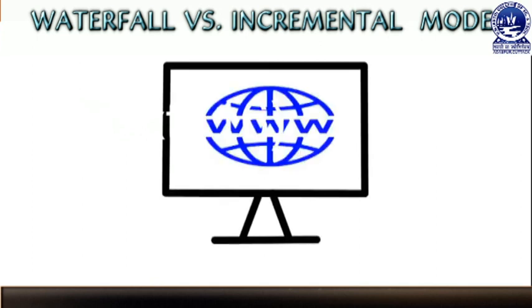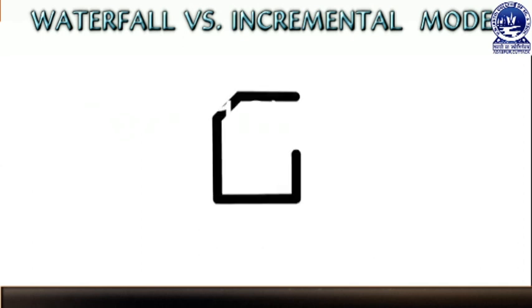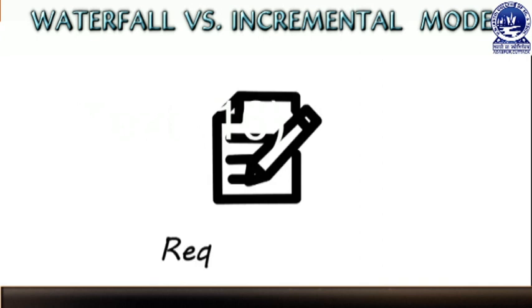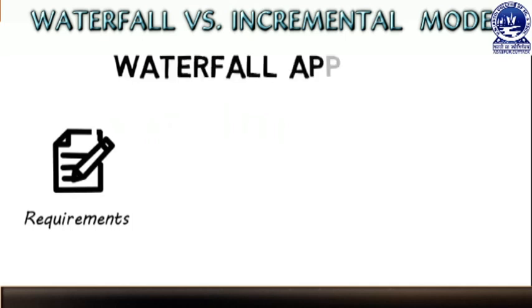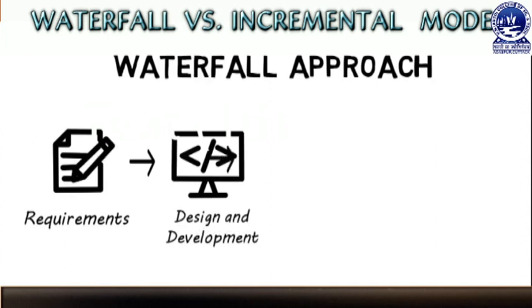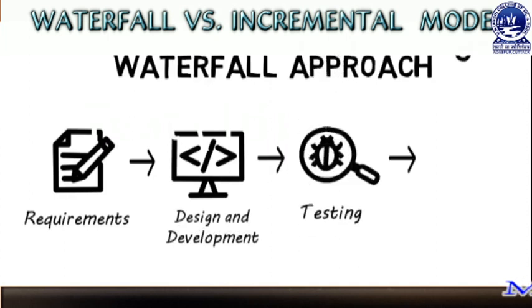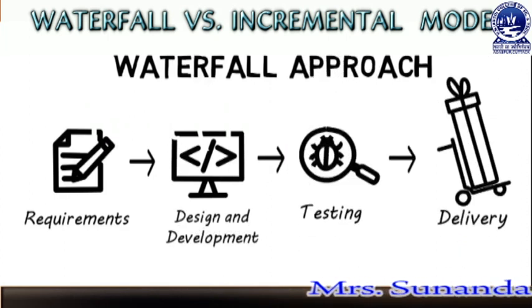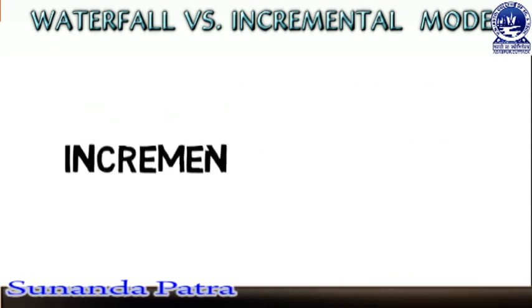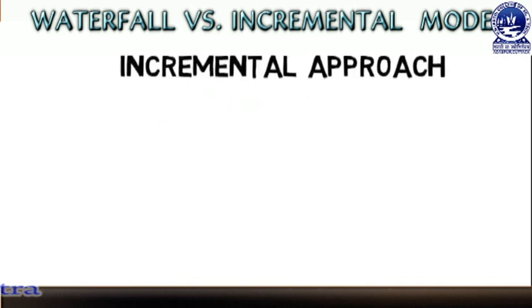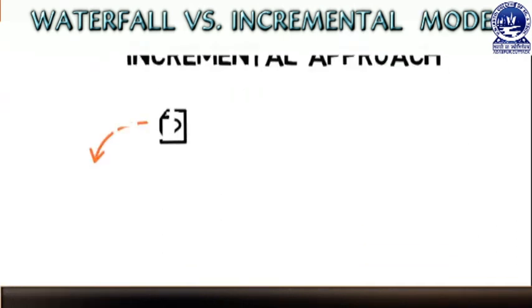So, let us summarize it with a real life example. That example is a website development project. When all the requirements are known and clearly understood at the beginning of the website development project, we can follow the waterfall approach. We execute the project phases in sequence and deliver a complete functional website at the end. But when the requirements are not known at the beginning, we can take the incremental approach.